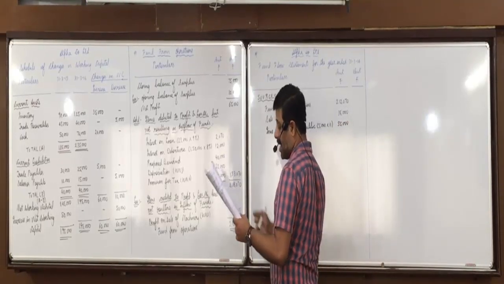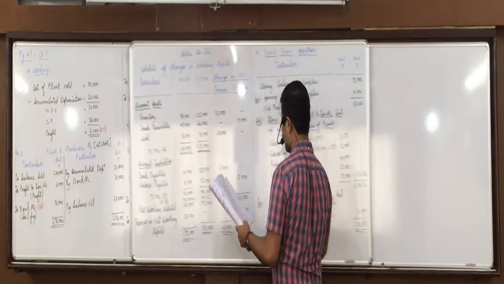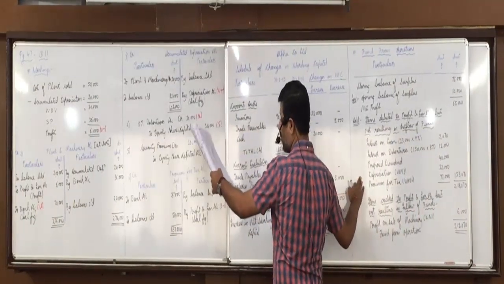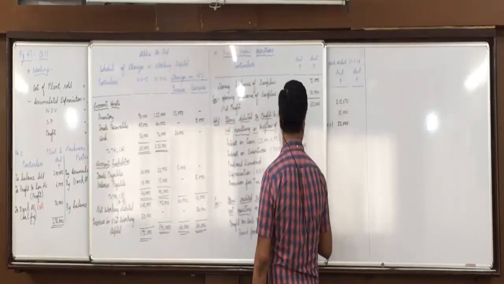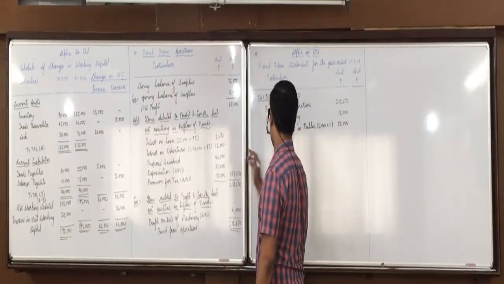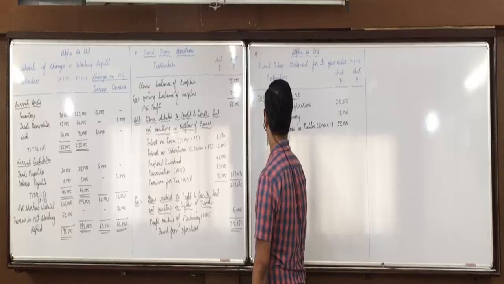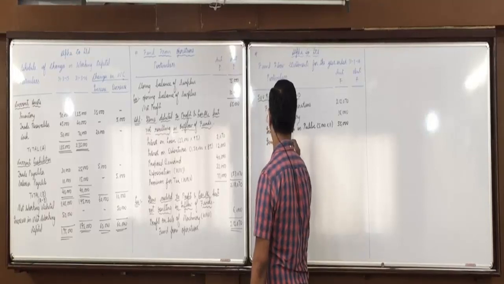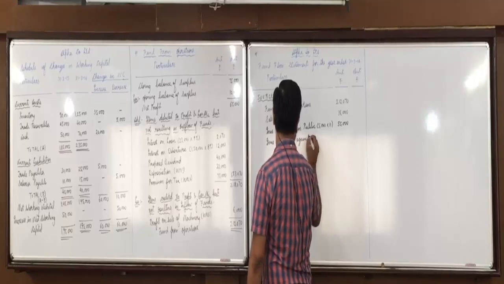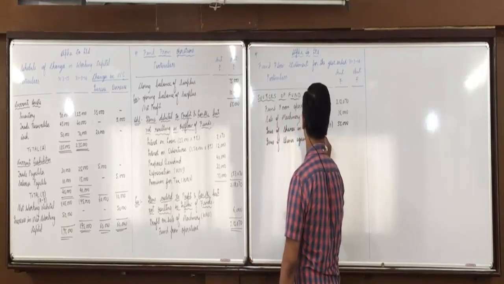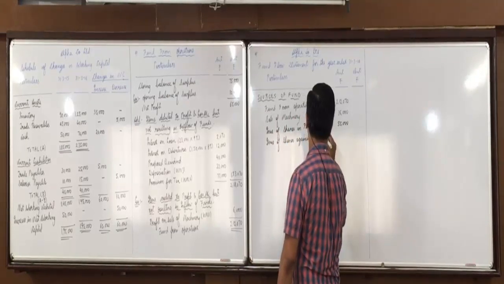Third adjustment, we have done the workings for that. Working note 4, issue of equity shares against debentures 30,000 is to be shown in sources of fund. So issue of shares against debentures, 30,000.